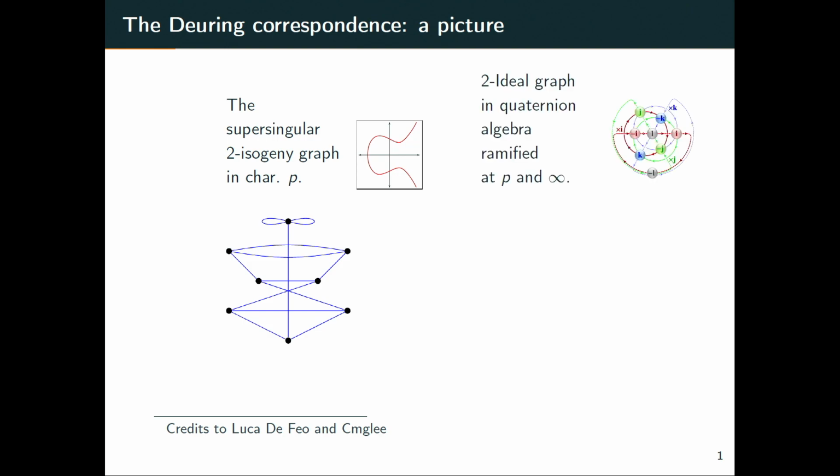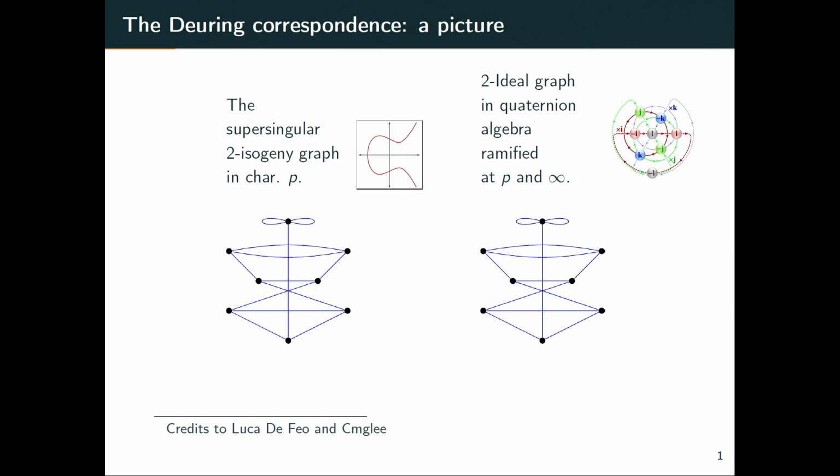And then we have another world, which is really different, and that is the world of quaternion algebras. For that, you can think about matrices, lattices, vector spaces, and this kind of thing. It turns out that if you take the right parameters, you can get the exact same graph in these two worlds. This is not a coincidence.